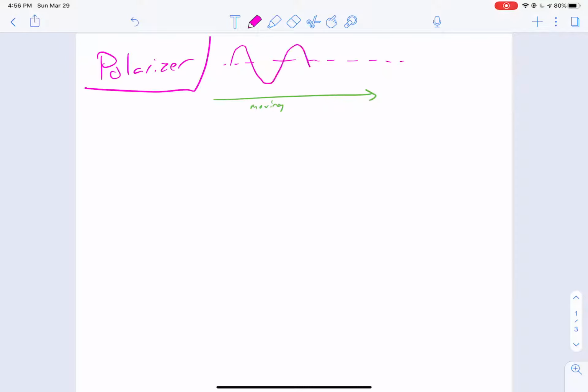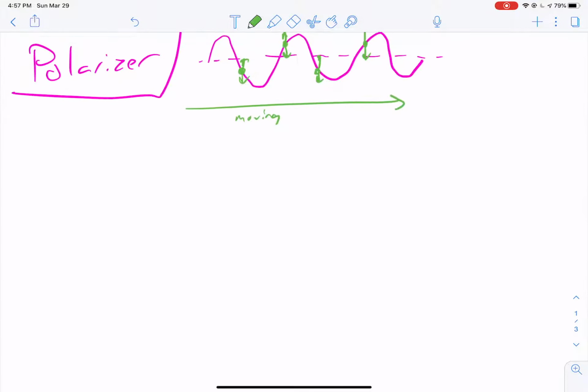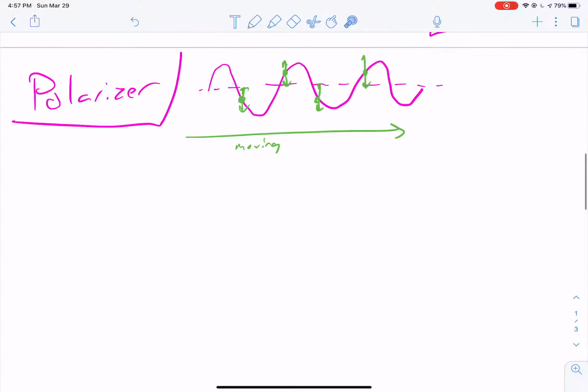So while the wave may be moving to the right, each individual part of the medium is only oscillating in one direction, up and down. Now, we typically draw transverse waves a little bit like this. We notice that while these particles are oscillating up and down, the waves move to the right. But this does not give us a very good illustration of what transverse waves actually are.